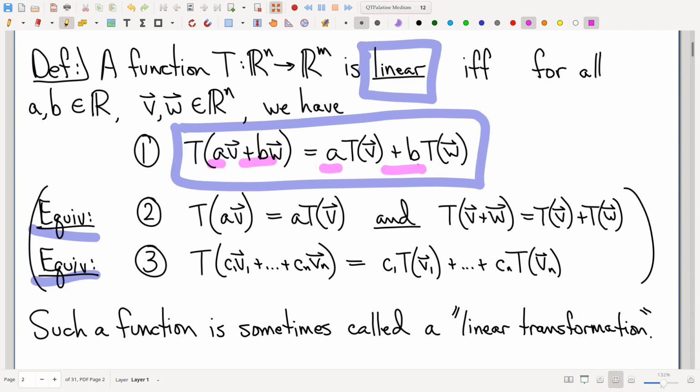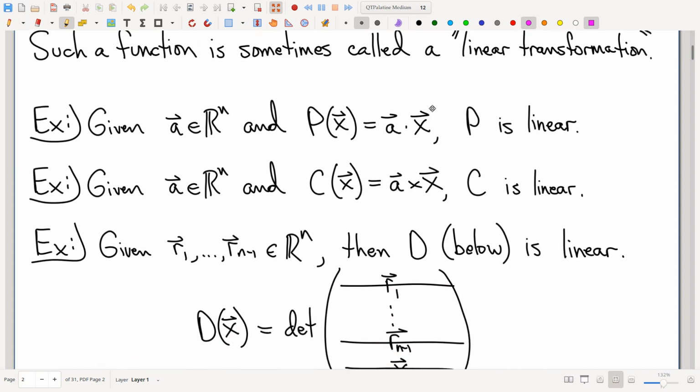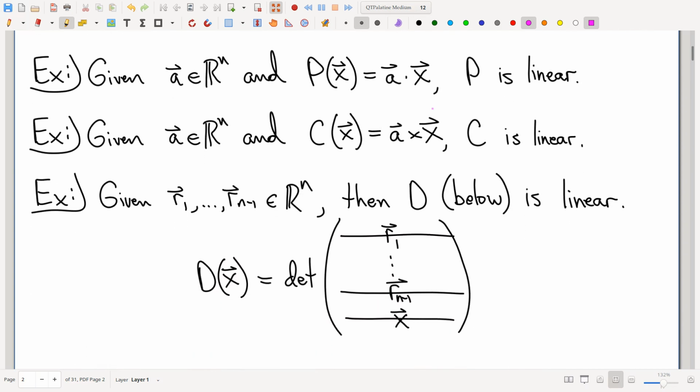Same thing either way. I think that's a nice point. Does that look familiar to everybody, I hope? Okay. So just to show you some examples, here are some statements about linearity. Starting with this first example right here, this function p is linear.